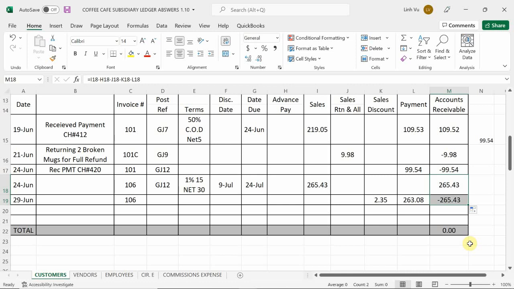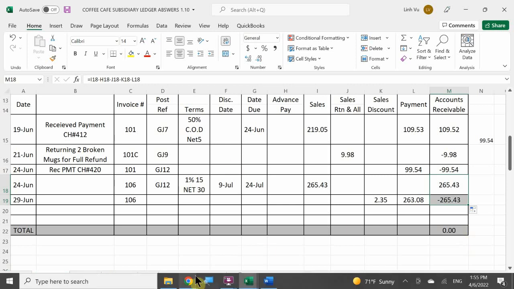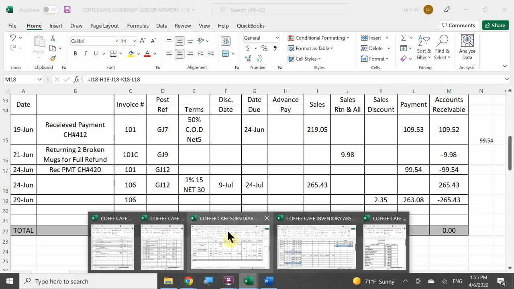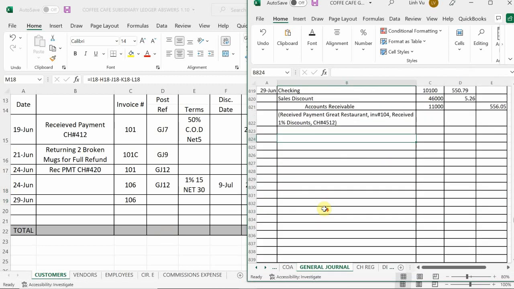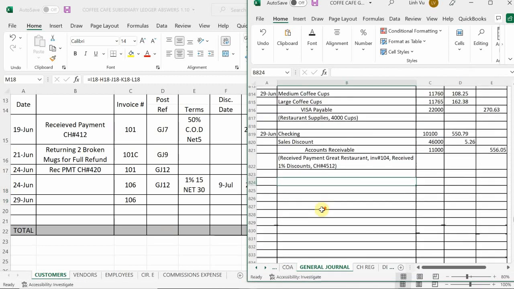So in this case, you're going to do the same exact journal. You're going to have the checking that you received. You're going to have the sales discount, and you're going to credit your accounts receivable. Okay, so 263.08, and the ending amount is 265.43. Okay. So in this case, you have plenty of room for this.